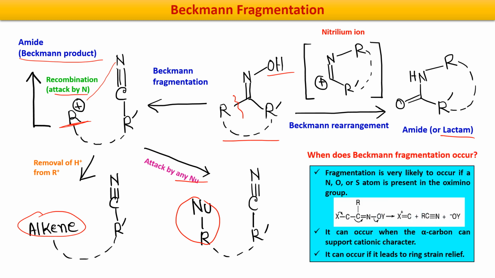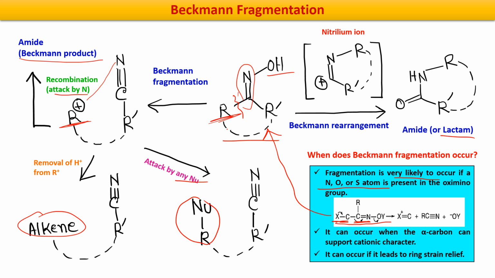Now the important question arises, when will Beckmann fragmentation occur? So fragmentation is likely if nitrogen, oxygen, sulfur, this type of heteroatom is present on the oximino group. So here you can see the oximino group. You can compare this molecule with this one. Obviously R and R prime, these two are not connected here. So here you can see X-C is attached to C=N.